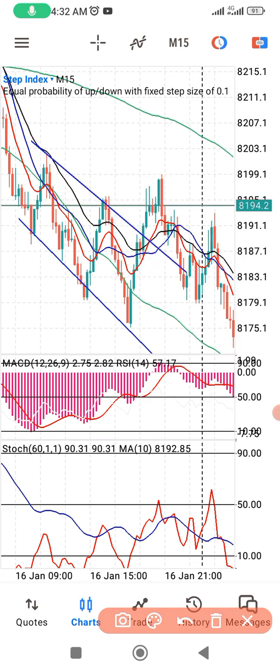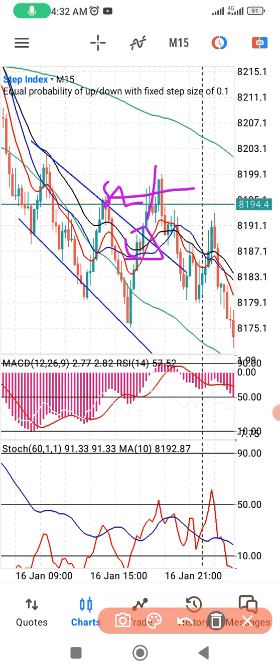Dynamic liquidity was taken at that point, because you sold here and then the market went up and took you out from your stop loss here. So this is dynamic liquidity, and that is what we are trying to explain.